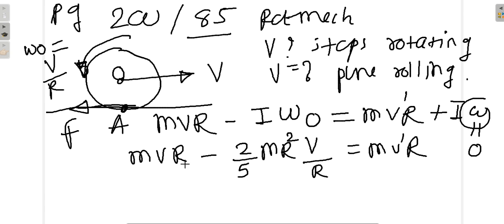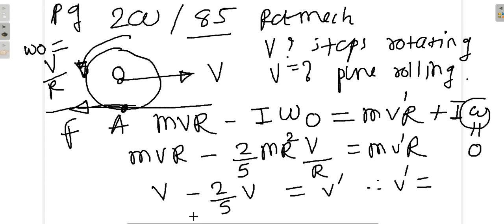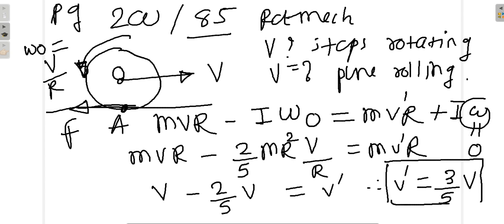What remains here is v minus 2 by 5 v is equal to v dash, and that gives me v dash as 3 by 5 v. So when the body stops rotating, the linear speed is 3v upon 5. This is done by using conservation of angular momentum.